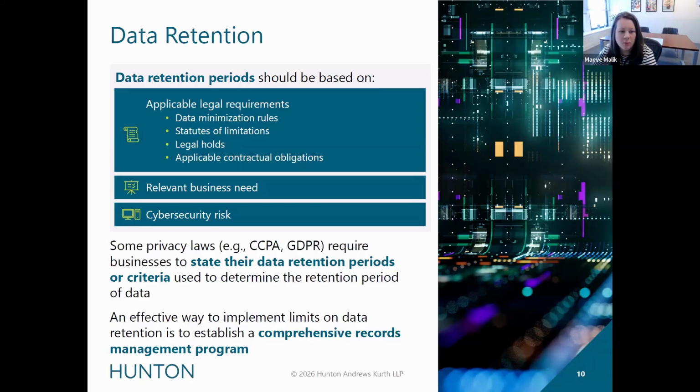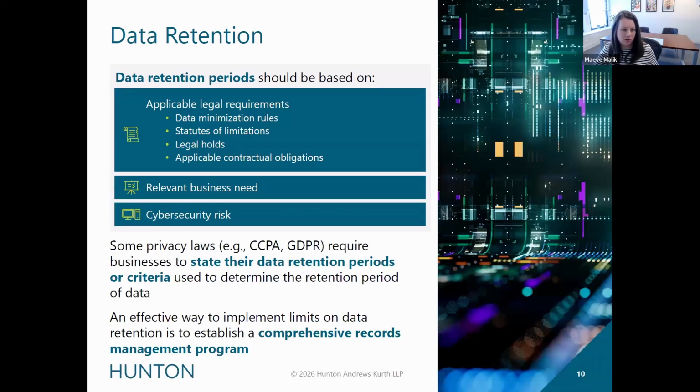There are a number of different considerations that go into determining data retention periods, and I'll just highlight a few here. So kind of table stakes, we have applicable legal requirements. So there are the various data minimization rules that Danielle just covered.